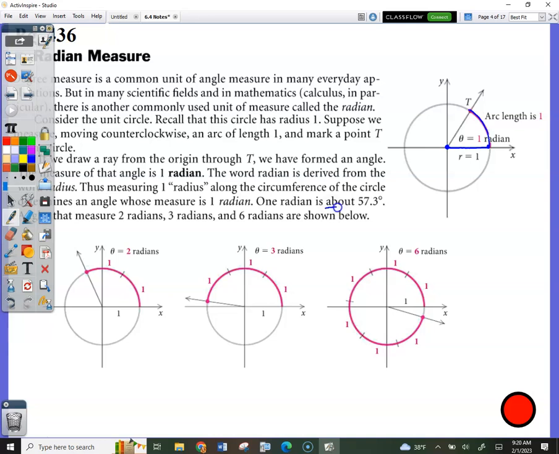The actual number behind it is about 57.3, which is not that important. It's good to keep it in the back of your mind so that if you ever say that the answer is 1 radian, and let's say we're in quadrant 4, that it was a positive rotation, you should know that it can't be 1 radian, because 1 radian would be 57. If we were rotating all the way around quadrant 4, we should be closer to 360, right?